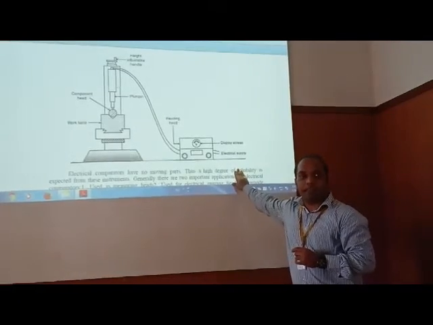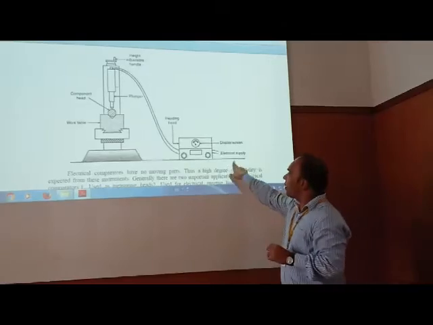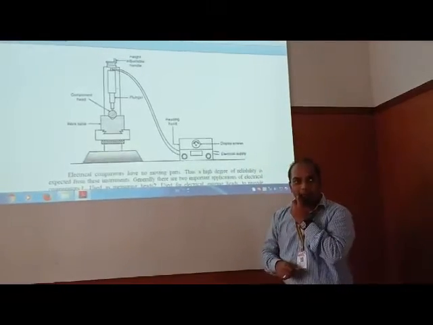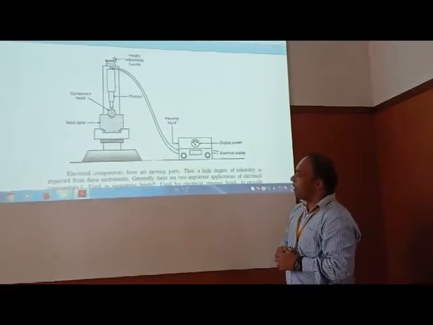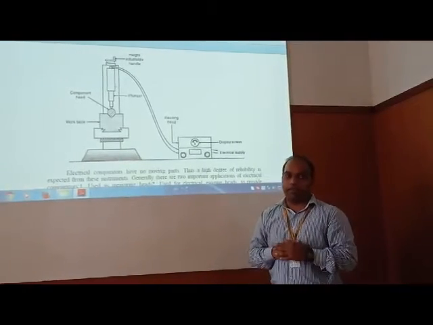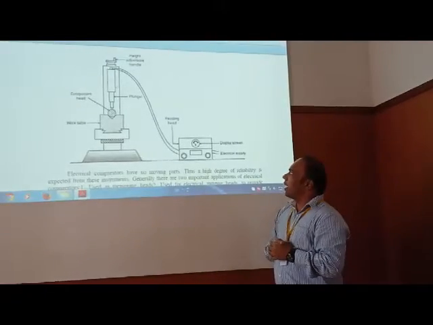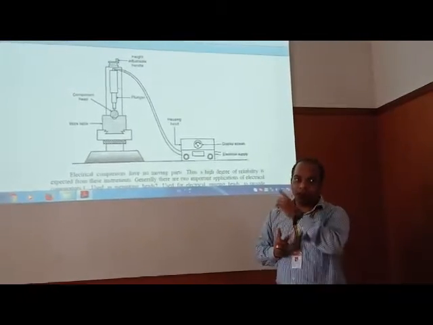You can see the diagram where it is in the most simplified format. Electrical supply will be given through the electrical setup. The display screen will give us either an analog reading or a digital reading on the screen, of course. The connection from the electric supply has been given to the plunger.